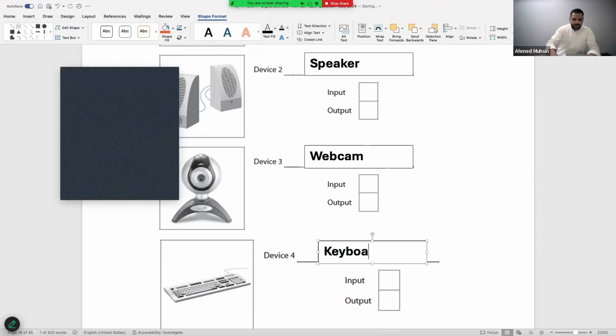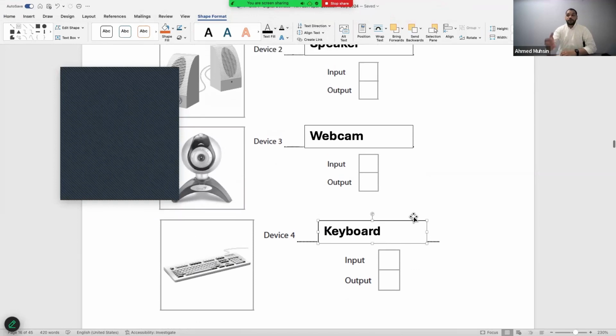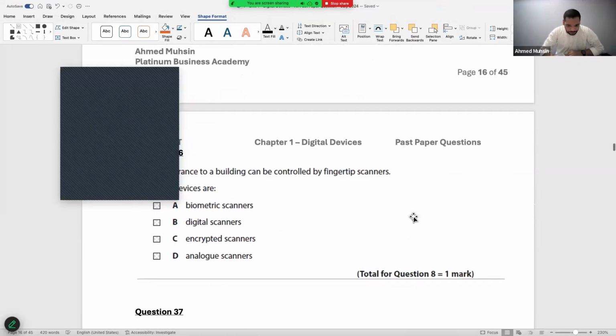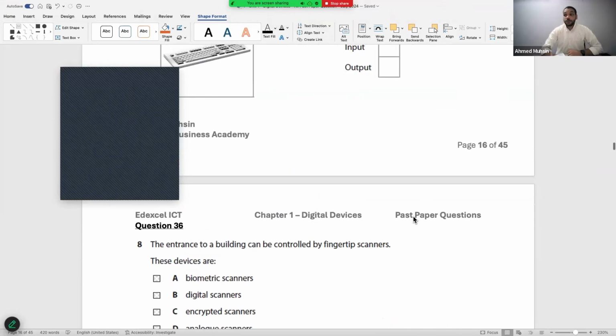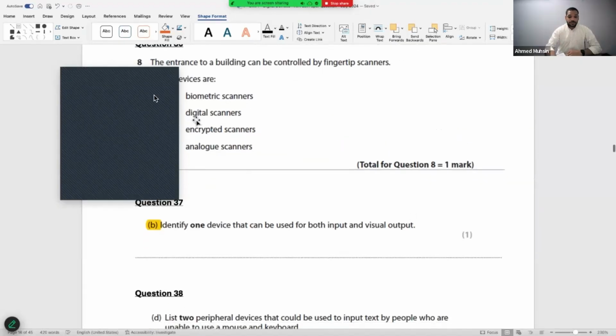And it's known as an input device. Sorry, webcam is input. Your webcam captures your video, right? It's input. It gives it to your computer. Right. Let's keep moving. No, keyboard is input. It sends characters to your computer.